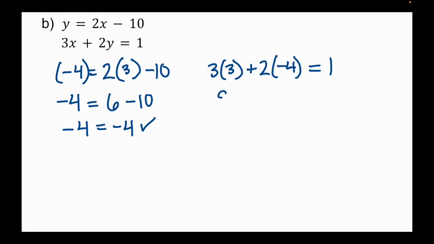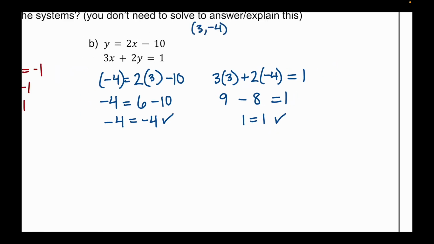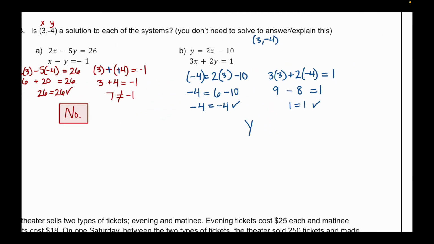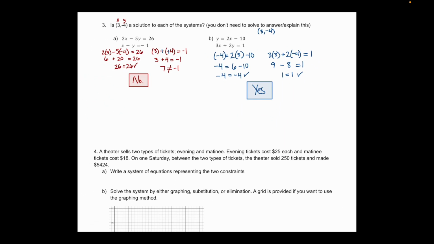So 3 times 3 gives 9, and then 2 times -4 makes -8. So now we have 9 minus 8. Is that equal to 1? Yes. So 1 is equal to 1. That checks out. So since it's true for both, we can say yes. True for both.